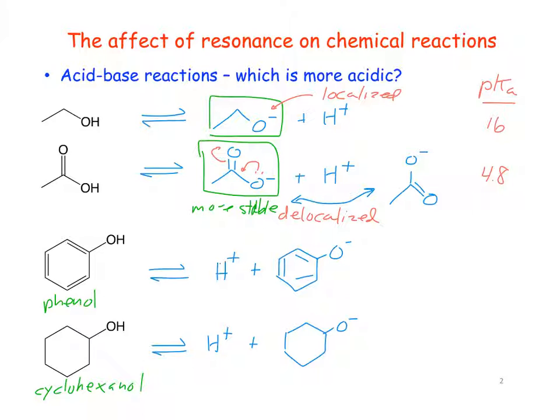Again, we're trying to decide here which of these two conjugate bases is more stable. So what about the electrons on this oxygen? Are those going to be delocalized or localized? These electrons are localized, right? There's no pi bonds, and so there's no way for those to be shared over multiple atoms using resonance.